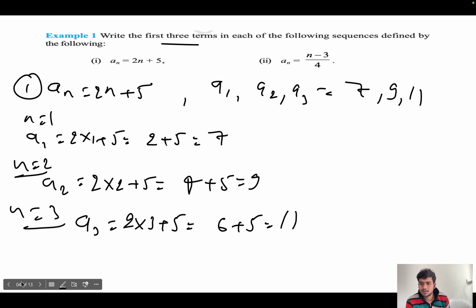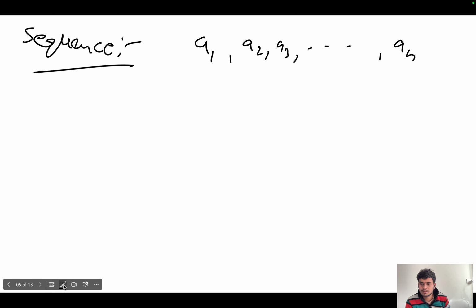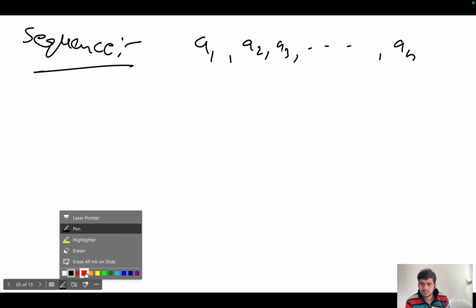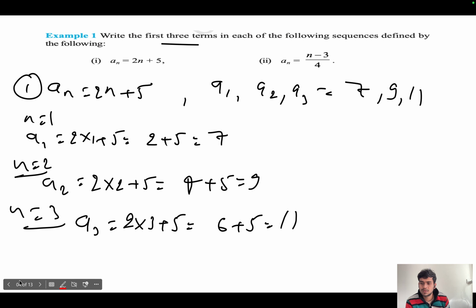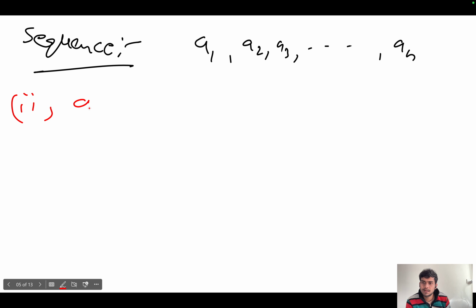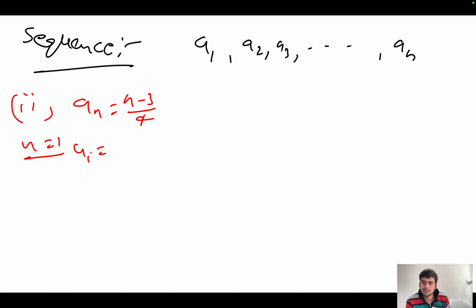The next example is an equals (n minus 3) by 4. Put n equals 1: a1 is (1 minus 3) by 4, that is minus 2 by 4, which becomes minus 1 by 2.